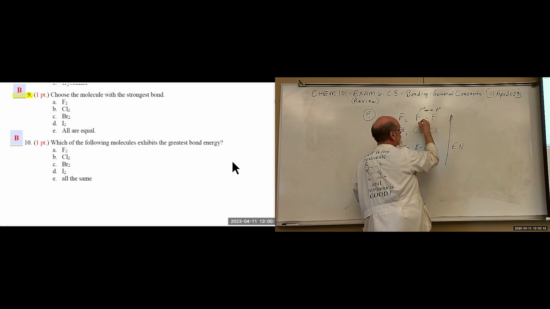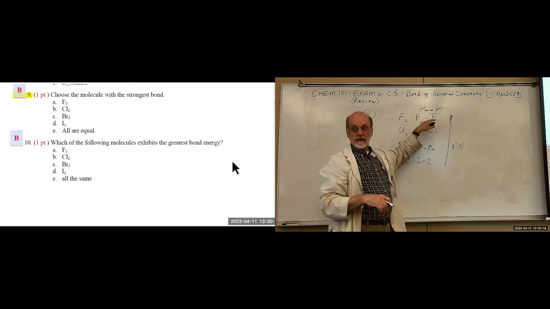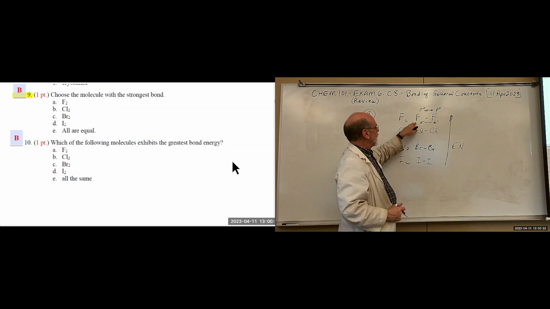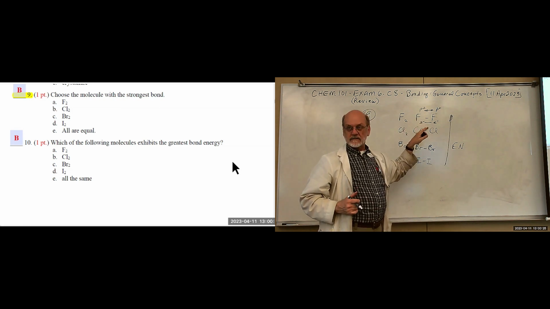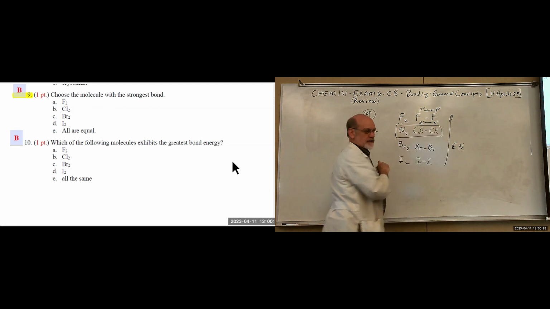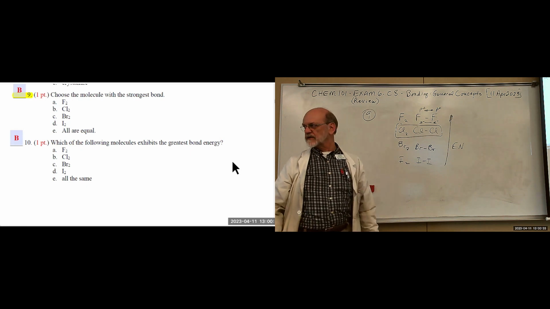You also get electron repulsion in the bond itself. Well, and the core electrons. So you start to get repulsive effects that outweigh the electronegativity. So this one has the strongest bond of all of them. It's counterintuitive.